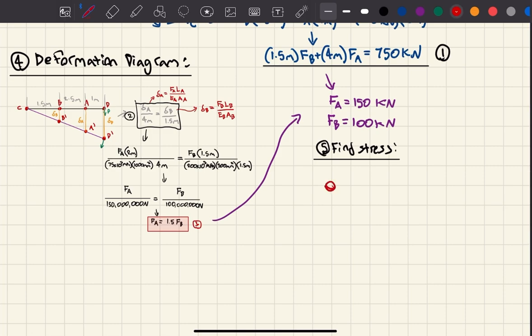I know that stress is equal to a force over an area, so the stress for bar A is equal to the force for bar A divided by the cross-sectional area for bar A. Namely, that is, in this case, 150 kilonewtons, converted to newtons, divided by the area for bar A, which is 1,000 millimeters squared.